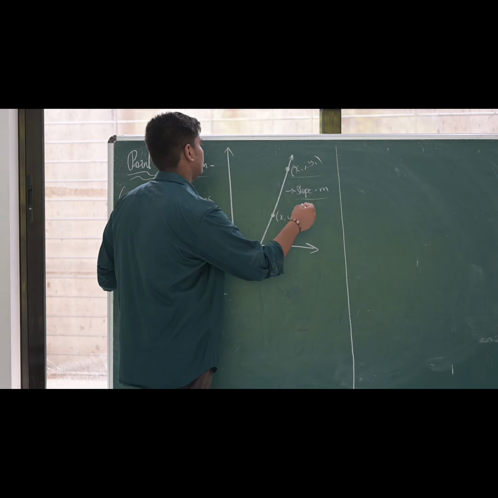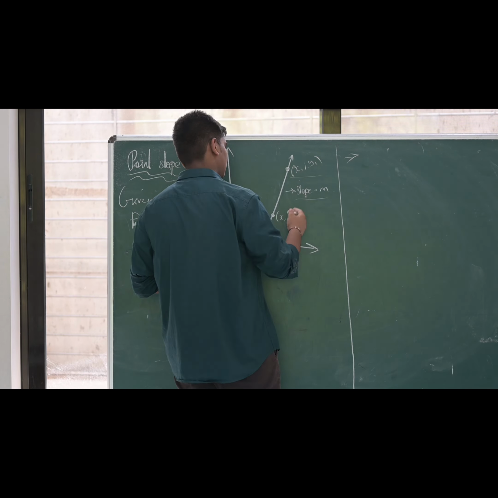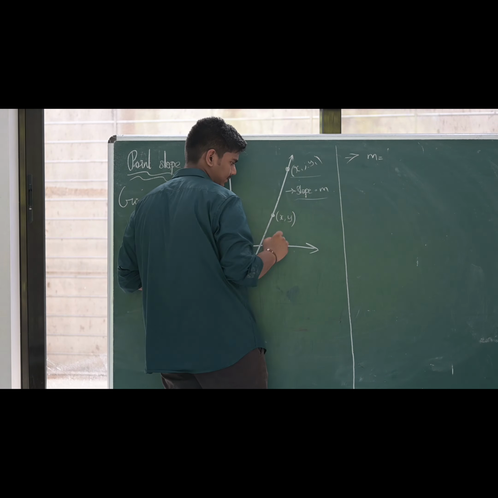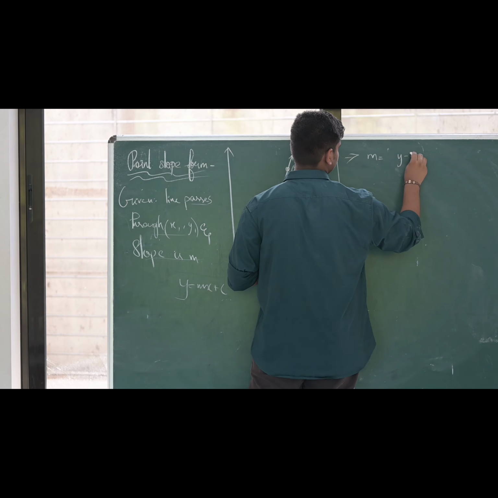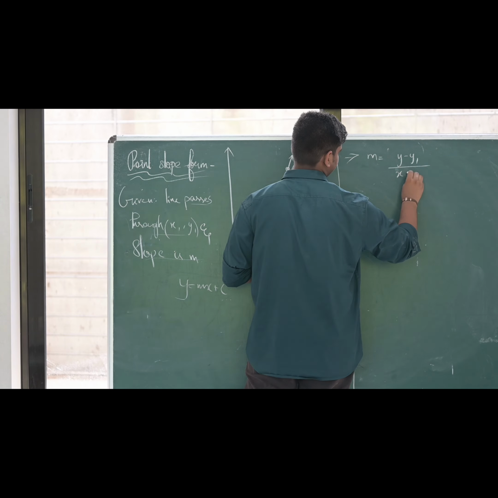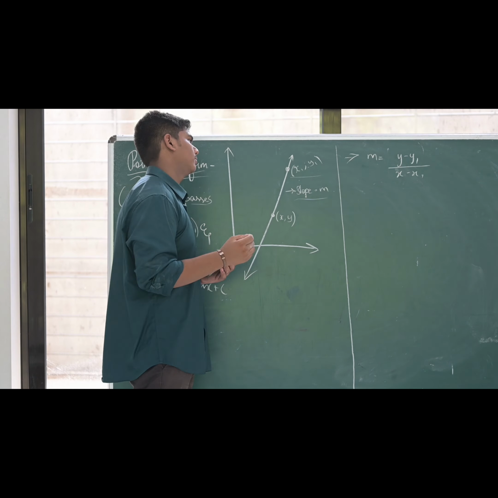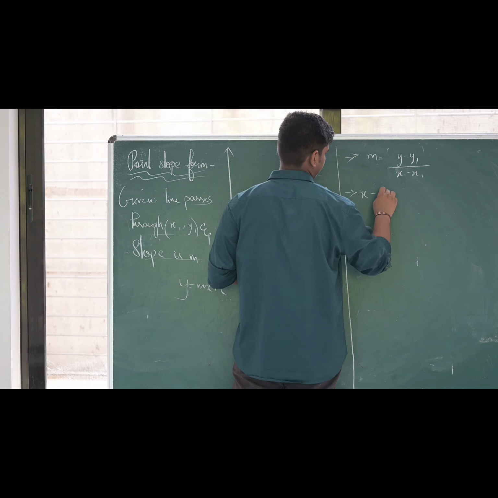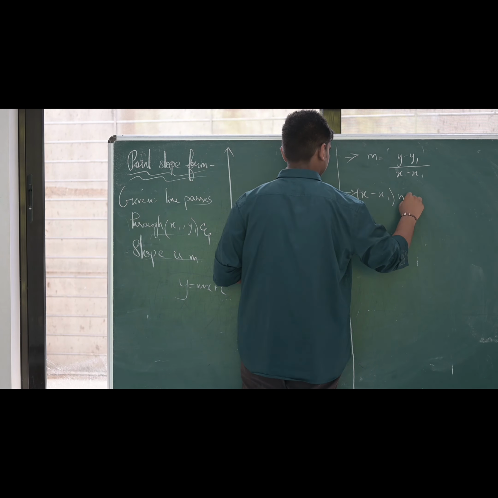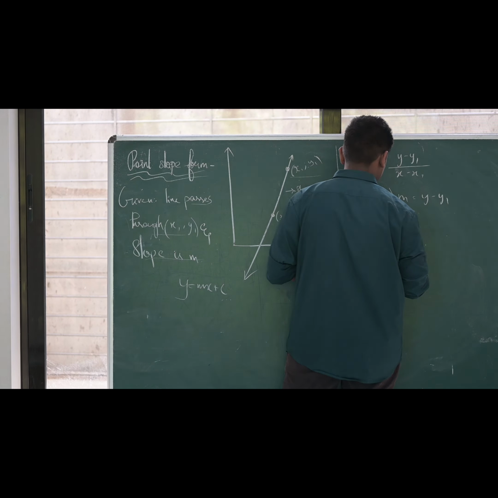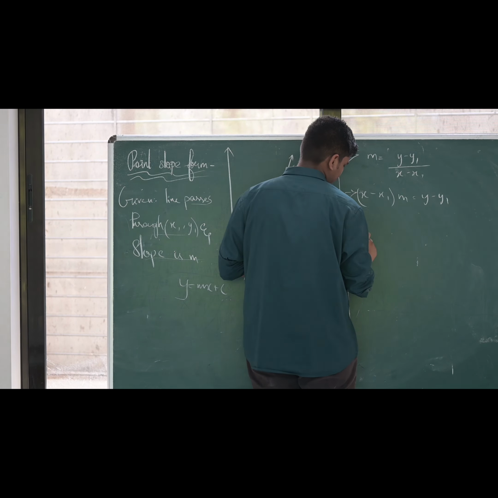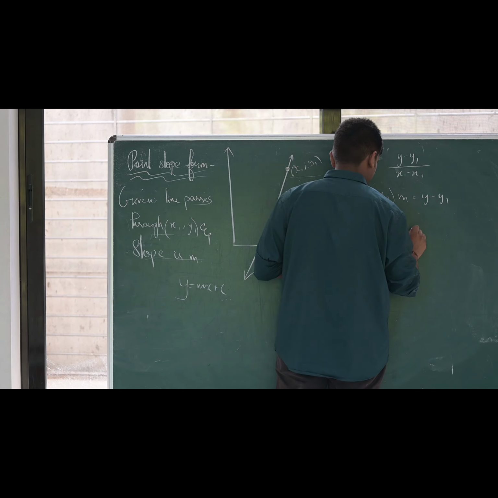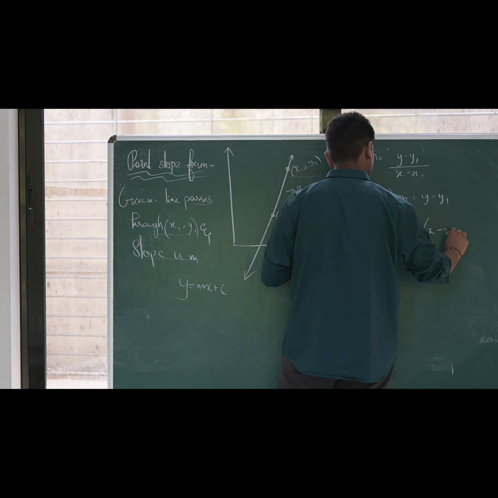We know that the slope, taking two points, is y minus y1 by x minus x1. Am I right? Now x minus x1 into m is equal to y minus y1. Therefore the equation of a line is y minus y1 is equal to m into x minus x1.